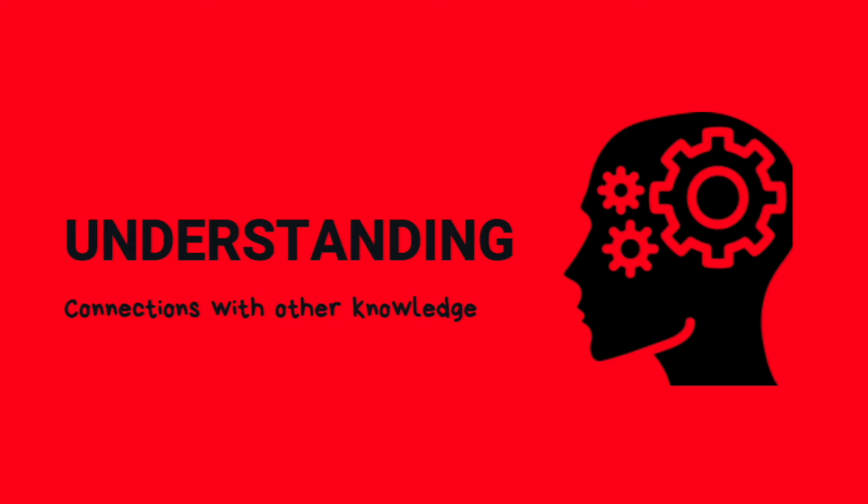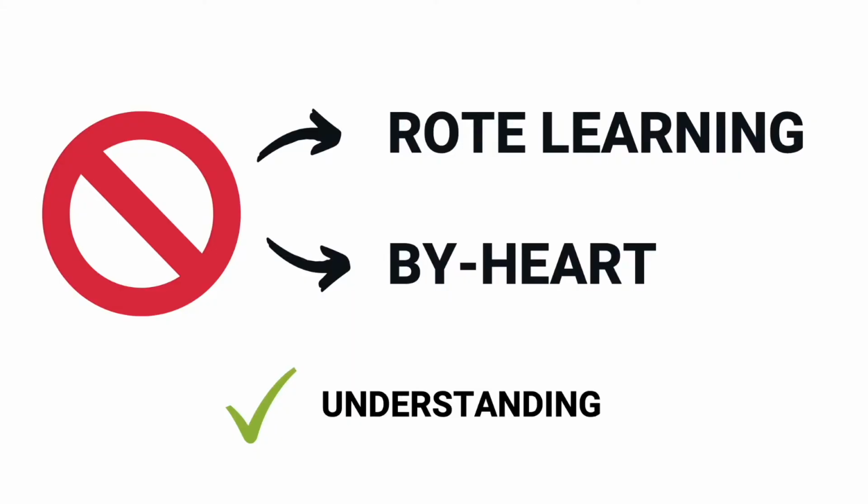When compared to rote learning or learning by heart, understanding has been shown to give you better results and also it's going to help you remember longer. So step 3 is to understand whatever content you're trying to learn.